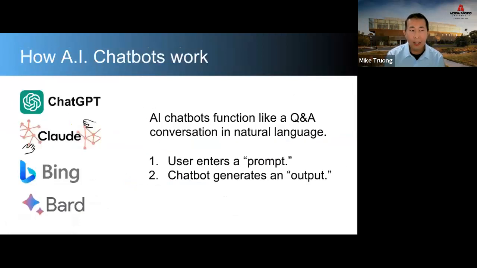In terms of the AI chatbots, these are the bread and butter tools that a lot of students are using when they are looking for help in their assignments. This is the new way that their new study buddy can provide them many, many answers to things that they need.